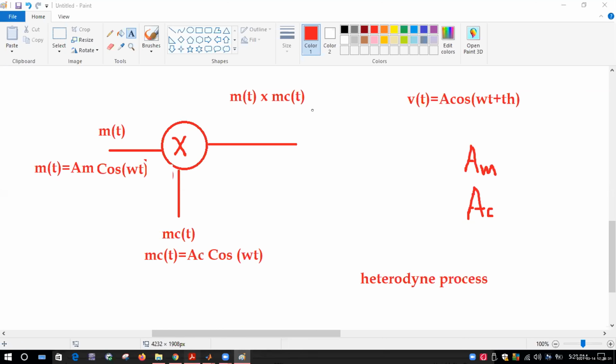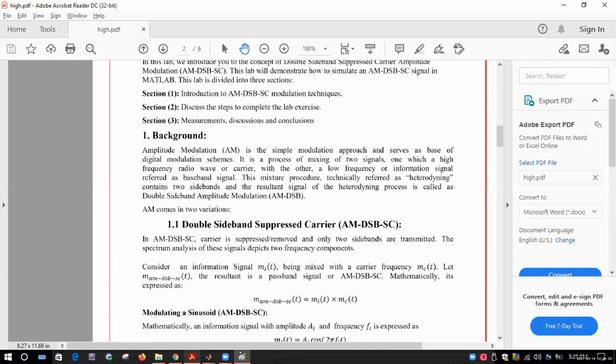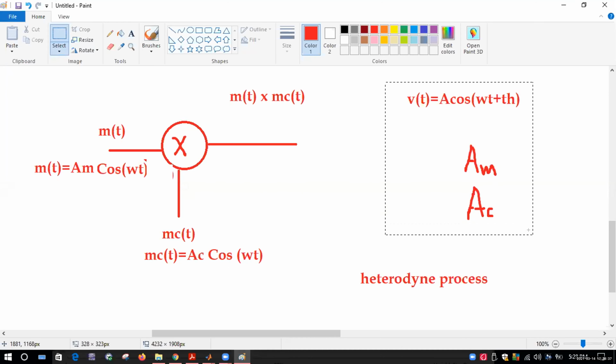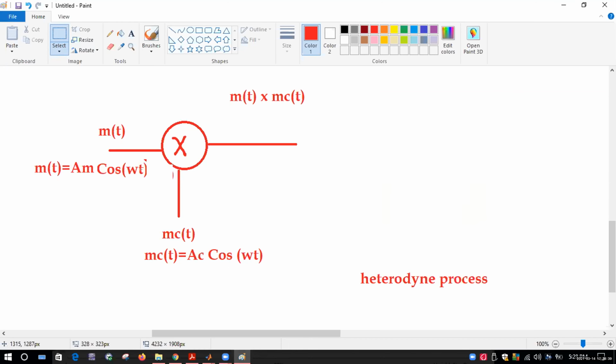Now look at this. Here is the very important point. When we mix these two in a mixer, it results in three forms.